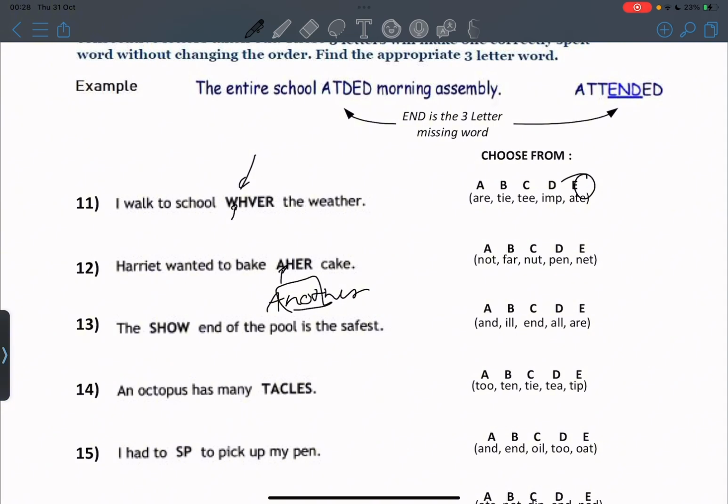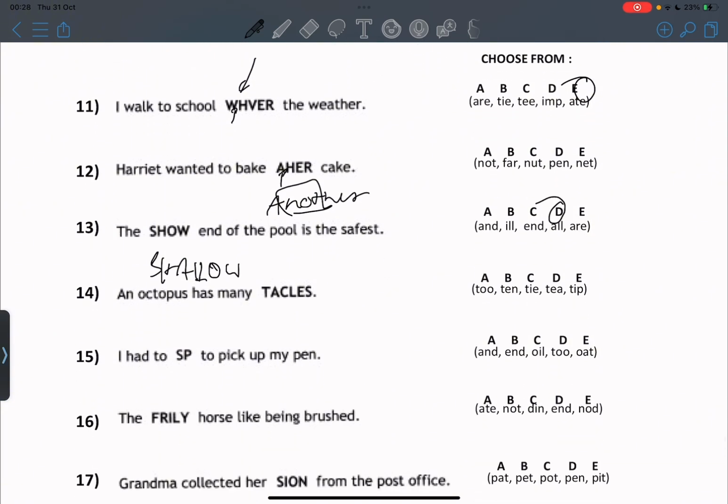Right? For question 13, if we put shallow, so if you put all into here, it'll be shallow. For question 14, if we put 10 into here, we'll get tentacles. Put it at the start, right?